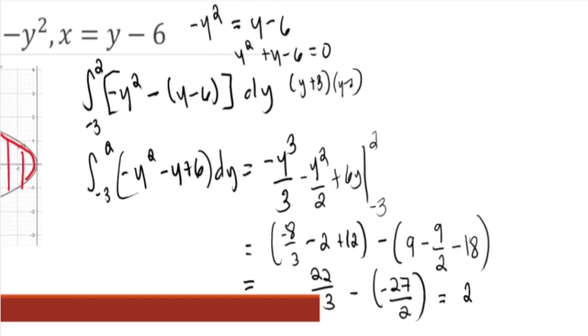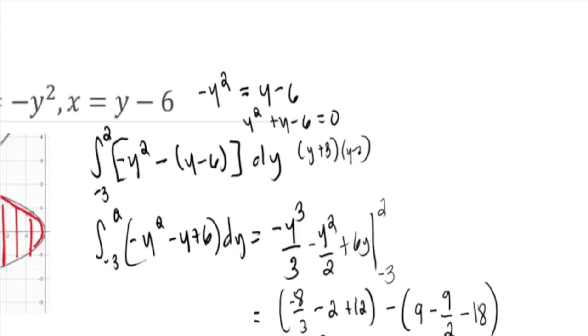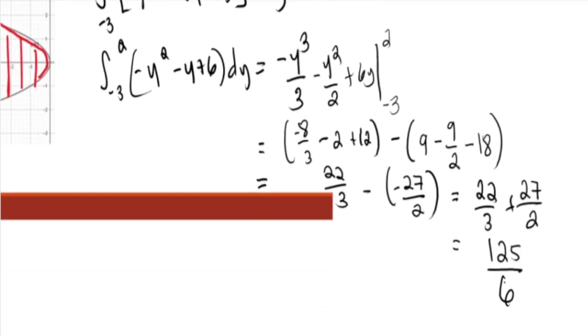So this is 22 over 3 plus 27 over 2, or 44 plus 81 over 6. We have 125 over 6 square units.